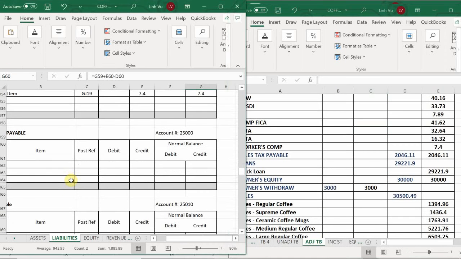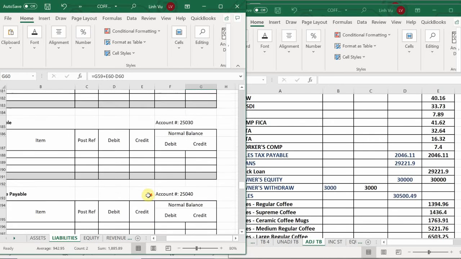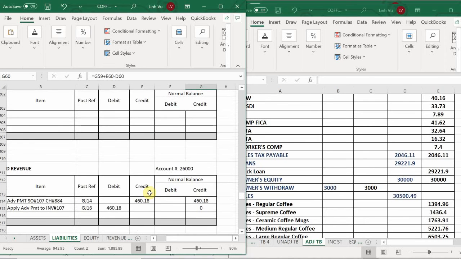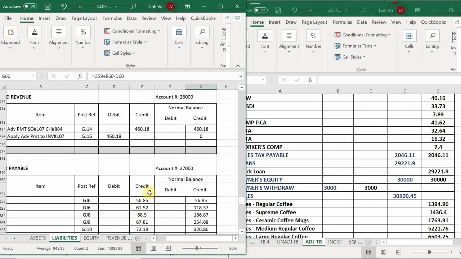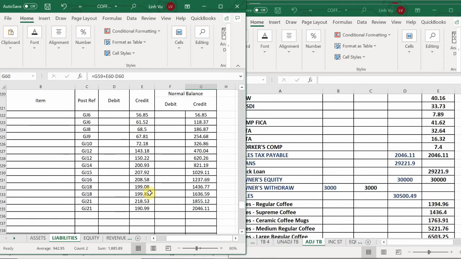Next we have, I think, utilities payable. We can skip that because nothing happened there. We have unearned revenue. Nothing there. We have sales tax payable. Is that the same? Sales tax payable, 246.11. Yep, so that stays the same.